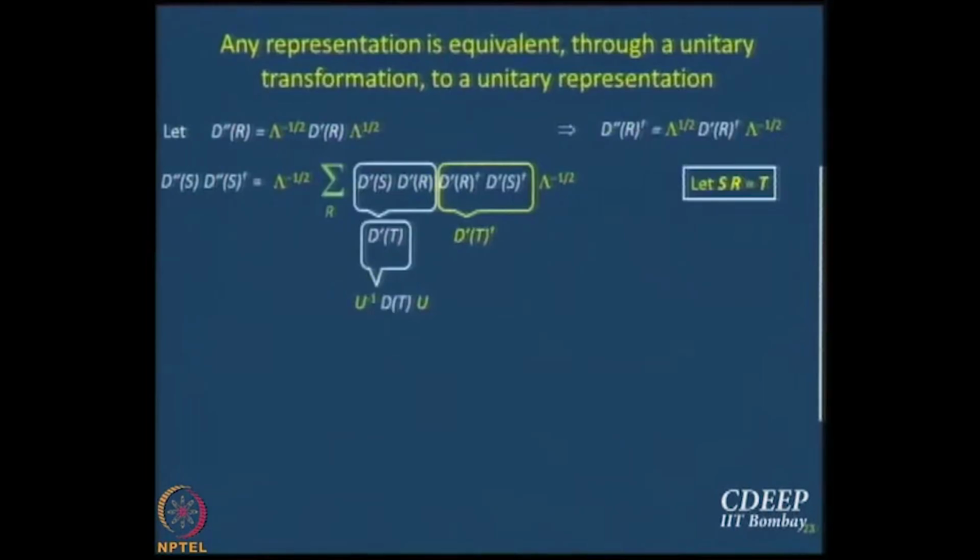What is d prime T? U inverse dT U as we have defined it, right. This is U inverse, adjoint of dT U as we have defined it. So, this is what d double prime S dagger is. What do I do now?